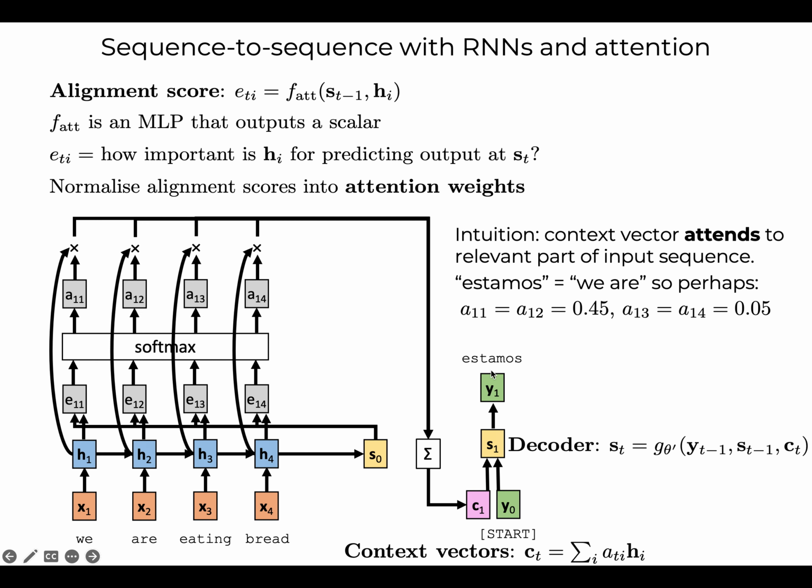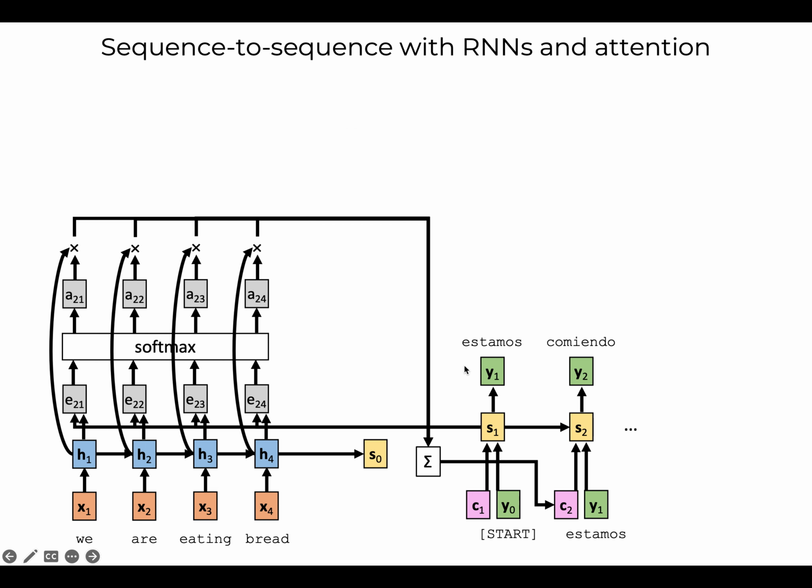Okay, so we can now take this output for time 1 and use it as the input for time 2. We need a new context vector. To get that, we take the hidden state of the decoder from the previous time step, so that's now S1, and we use that to compute attention weights.